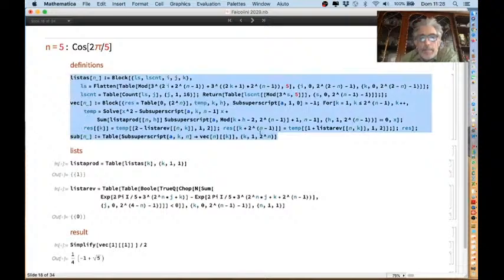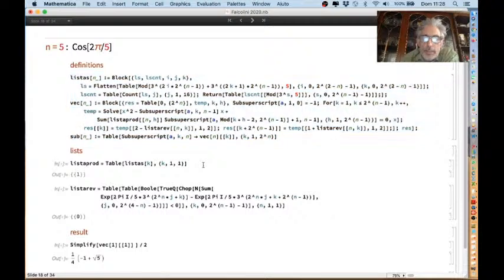So we can reproduce the construction of the radical for cosine of 2 pi over 5, and also we might construct the polygon using such calculation.